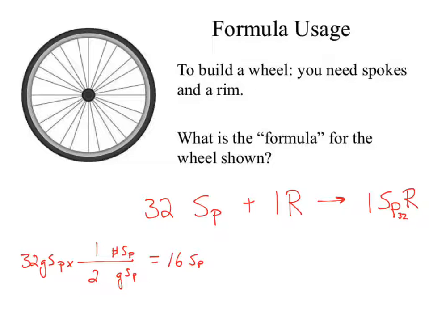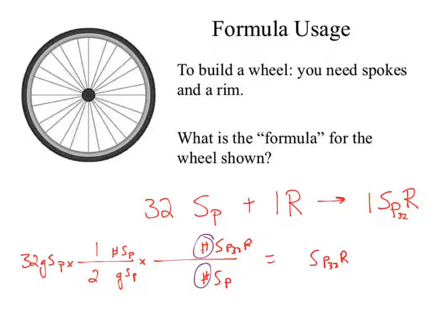Chapter 9 is then asking, instead of converting it into spokes, I want to convert it into the number of my wheels. Where do I get those numbers? That's what the balanced equation gives me.